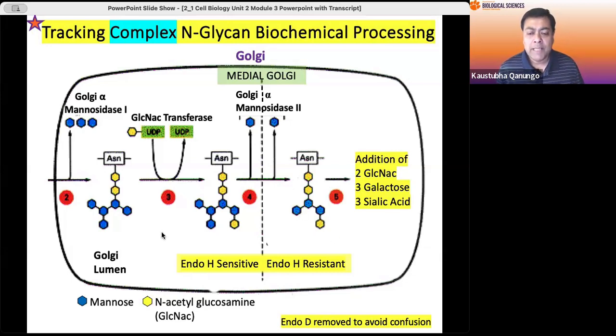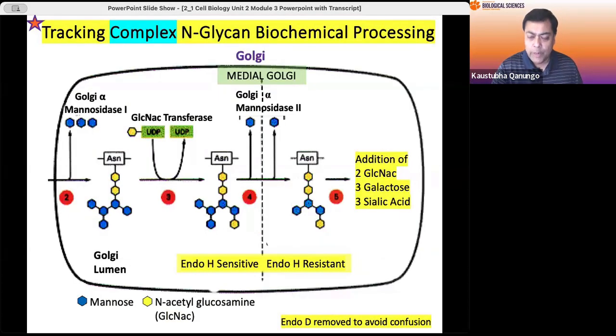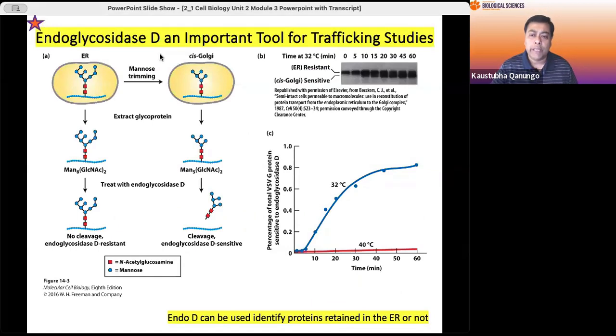Just remember that as the signal peptidase removes the signal peptide, the protein's molecular weight becomes less. Likewise, when glycosylation is removed by the endoglycosidases, the molecular weight of the proteins gets less. That is the essence. First I'll come back to ENDO-H; first, let's do ENDO-D.